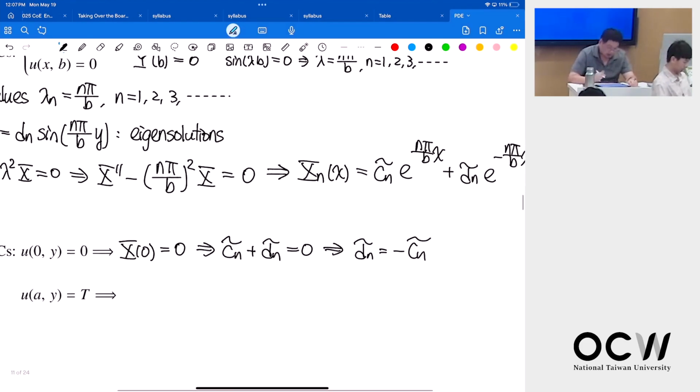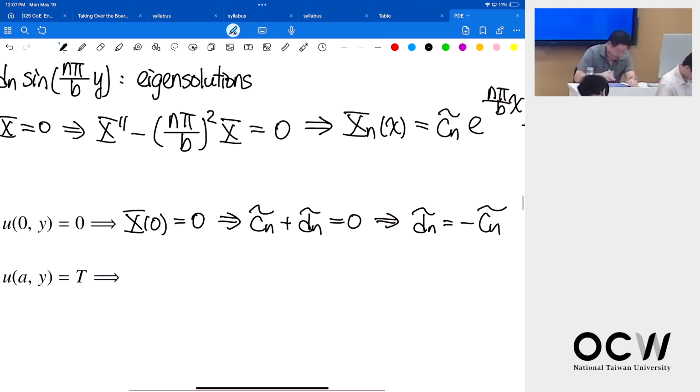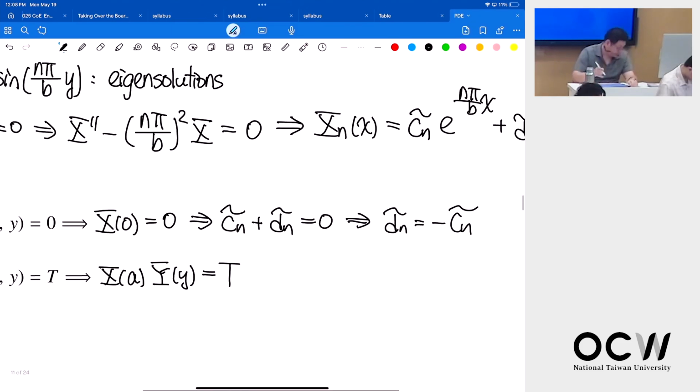And when we bring x as a here, then we will get T. So here we have X of a times Y of y equal to T. That means X of a equals T.